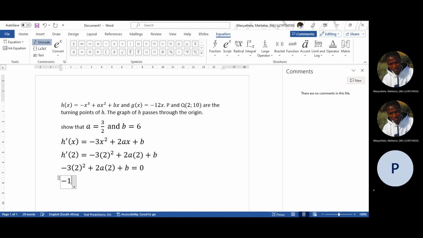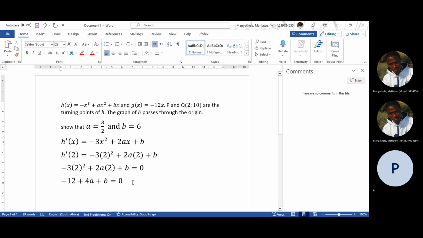So we have negative 12, and then we have 2 times 2, which is 4. So 4a plus b is equal to 0. Let's take negative 12 plus 4a to the right hand side to remain with b.